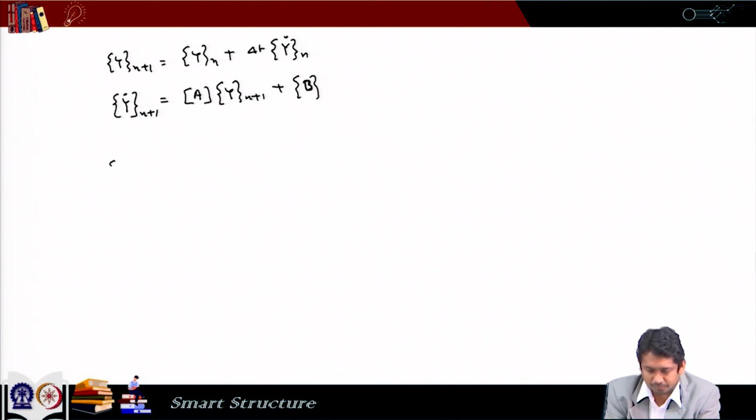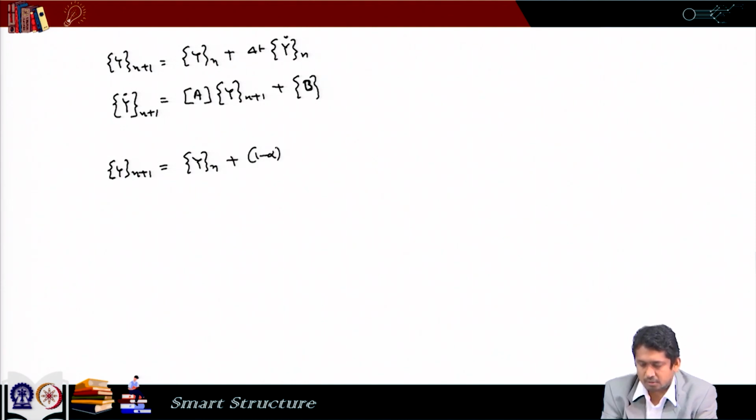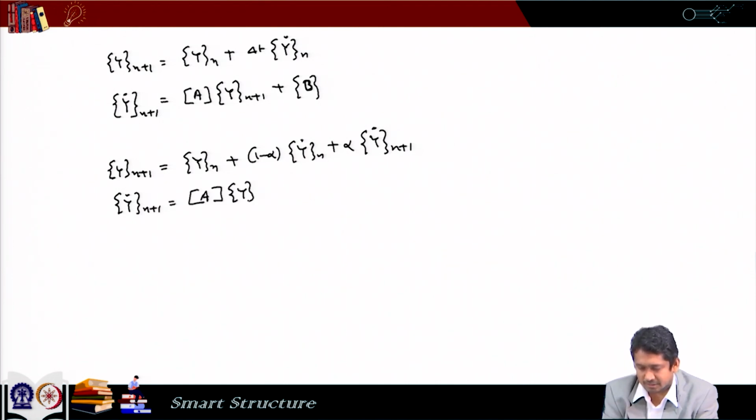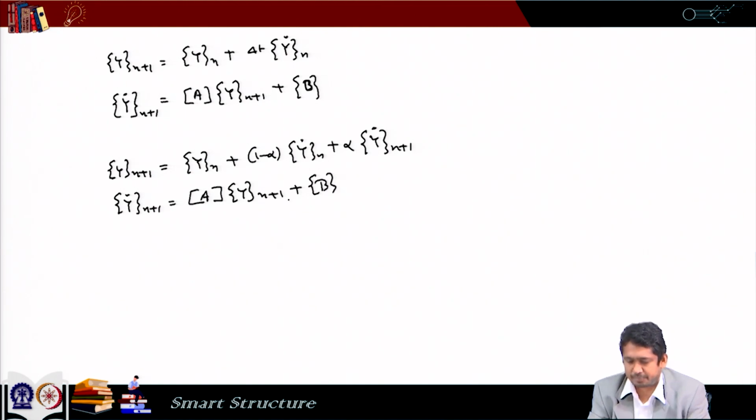So, we have yn plus 1 is equal to yn plus delta t times yn dot plus alpha multiplied by yn plus 1 dot, and here we have yn plus 1 dot is equal to a multiplied by yn plus 1 plus b.